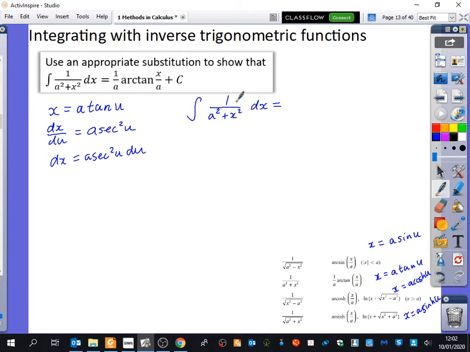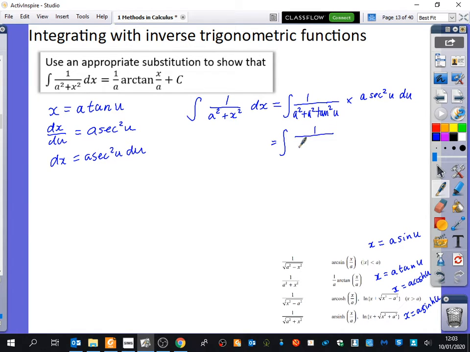So 1 over a squared plus x squared dx is 1 over a squared plus a squared tan squared u, multiplied by a sec squared u du. But then the sec squareds will cancel out as well. I'm going to take that a little bit slower.